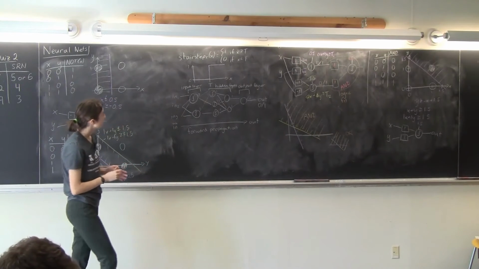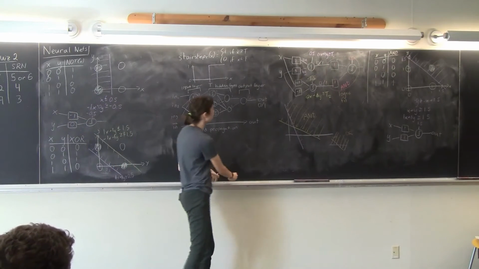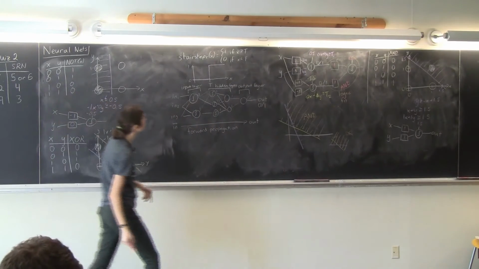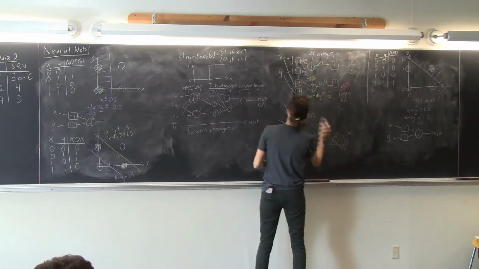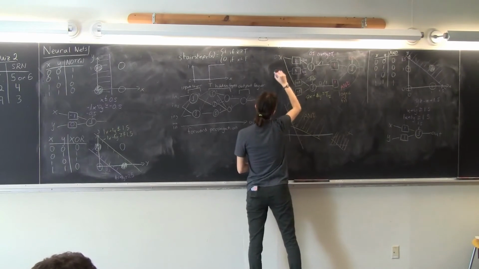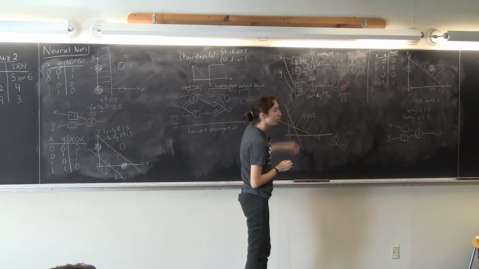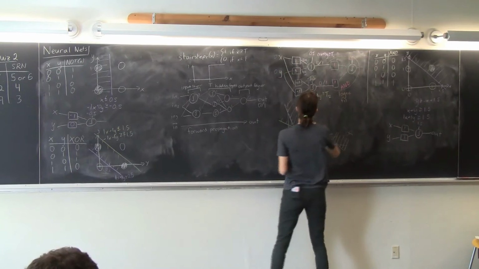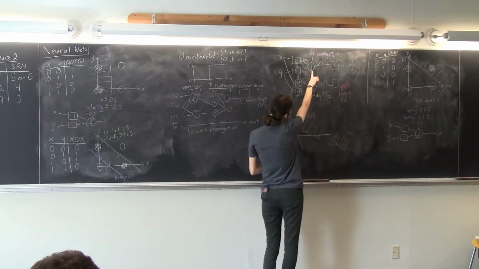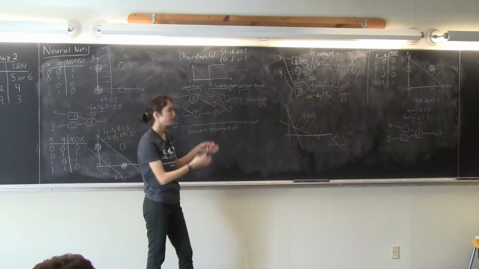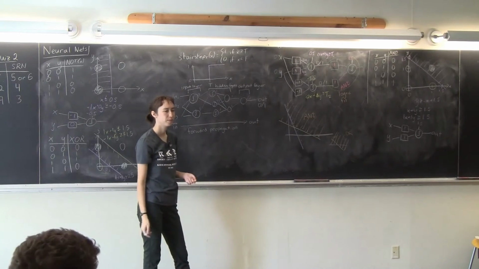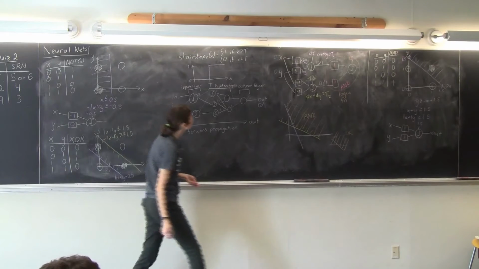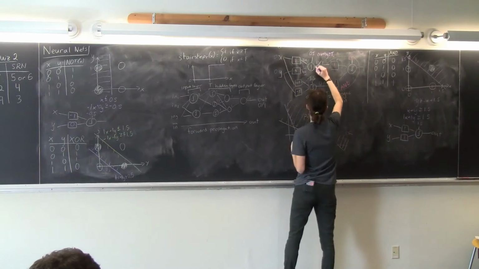So we could test whether this neural net is working correctly by plugging in some input point. So we could try something like plugging in 0, 0. So we'll have x is 0 and y is 0. When we multiply them by their inputs, those will all be zeros. So what would we get coming out of this top neuron if we're comparing 0 to 0.5? 0, because 0 is not greater than 0.5.